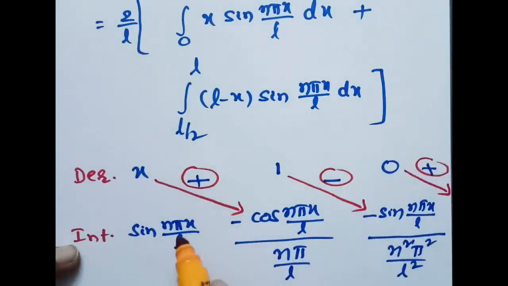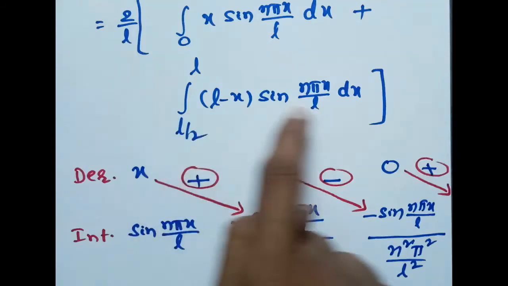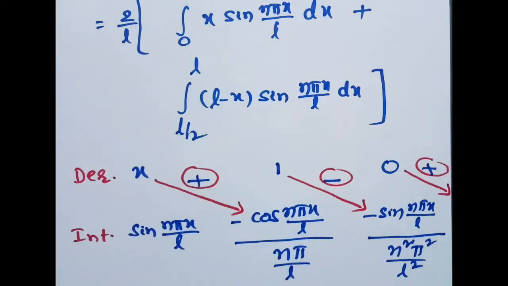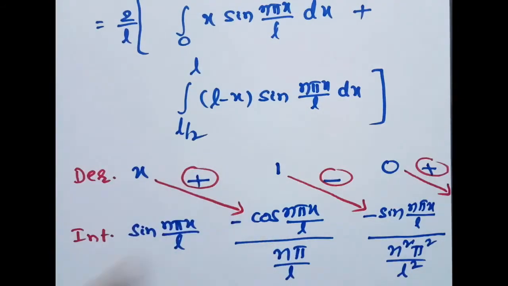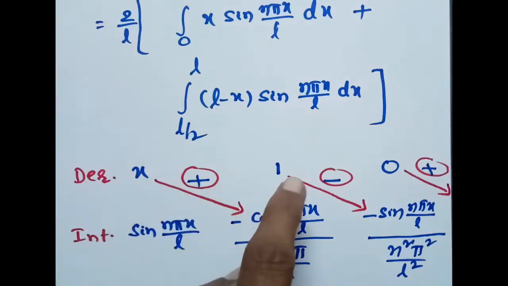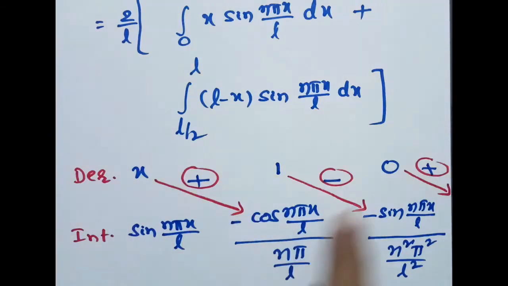Now again, the same integration of L minus x into sin n pi x by L: instead of x we get L minus x, and the derivative of L minus x is minus 1 and the derivative of minus 1 is 0.